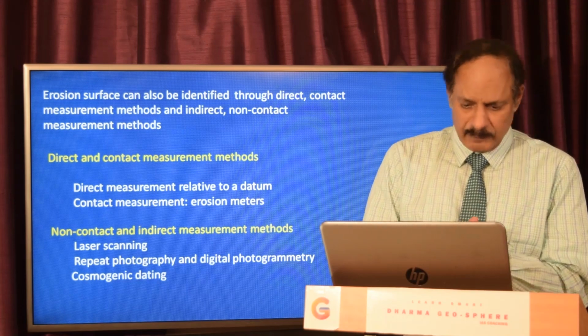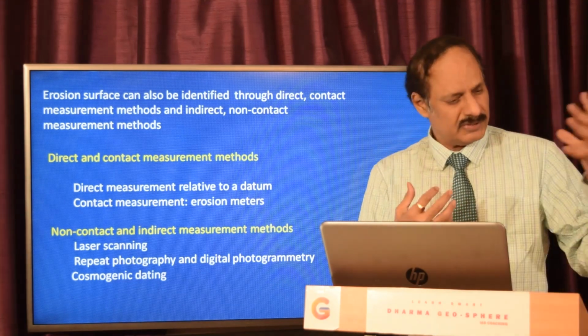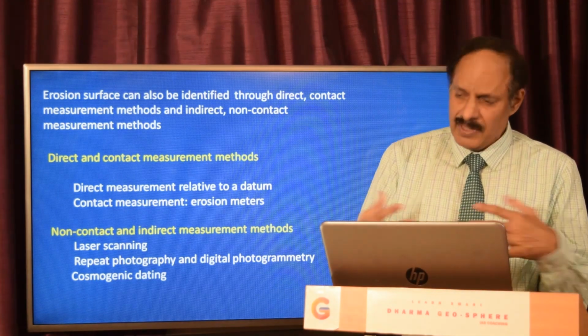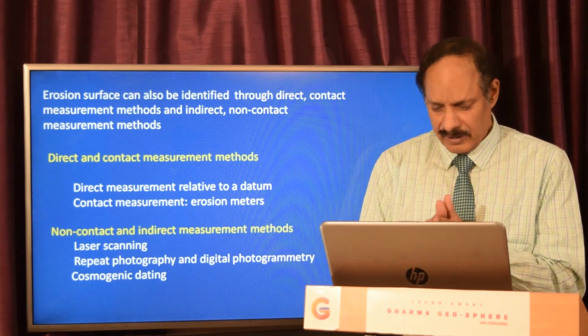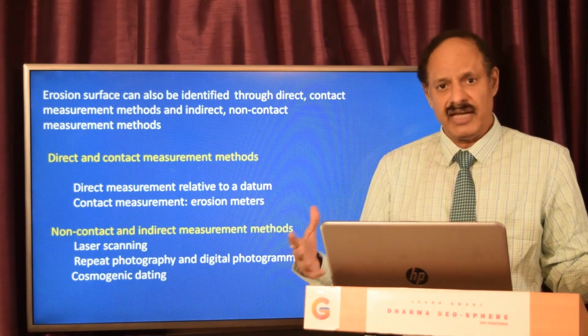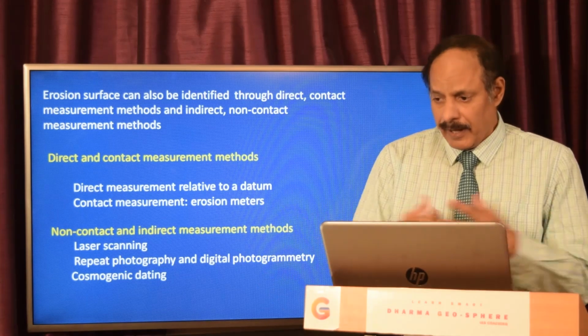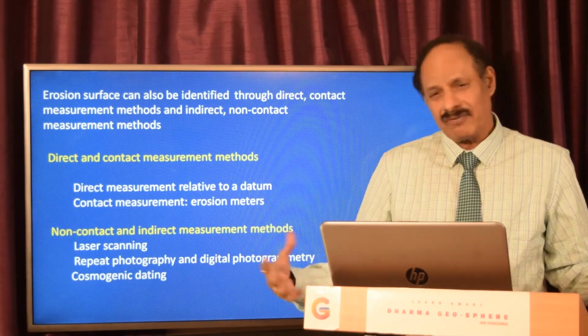Non-contact methods and indirect measurements can also be combined with the direct measurements and the geomorphological studies, that is through laser scanning and also repeat photography and digital photogrammetry. And you can also use cosmogenic dating, particularly where the land surface consists of a lot of organic matter.